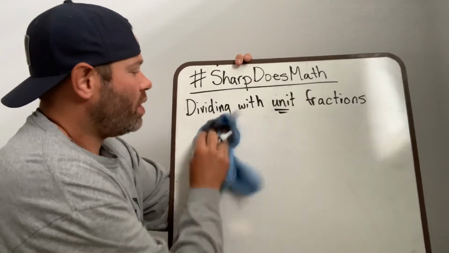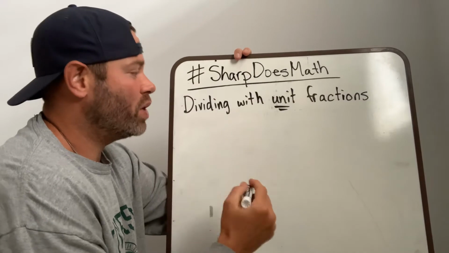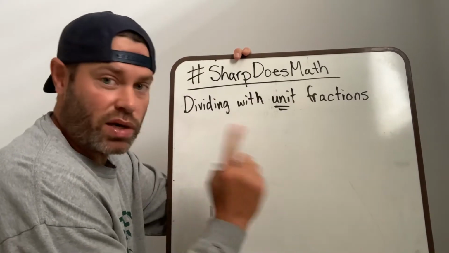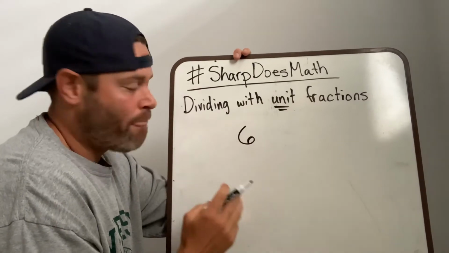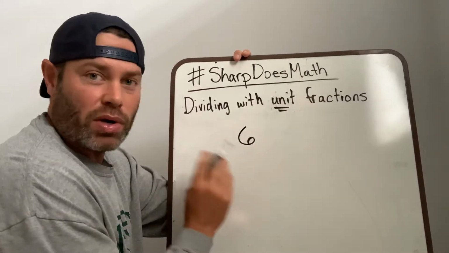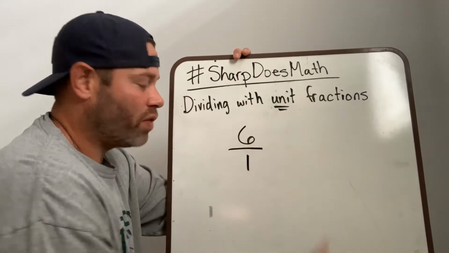All right. Now, one thing that's really important that you have to remember is when you have a whole number, let's say we have the whole number 6. When I want to make that whole number a fraction, I'm going to just put it over 1.